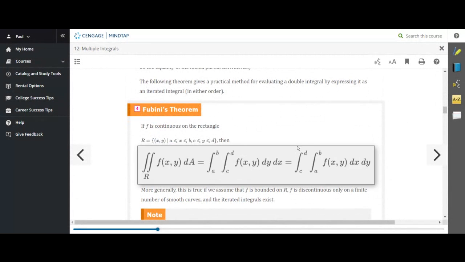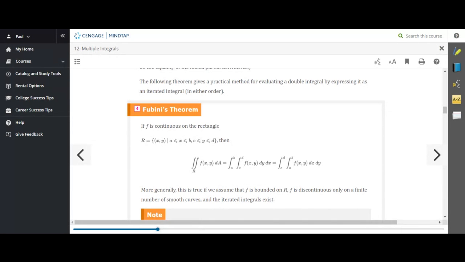There's a theorem called Fubini's theorem. This theorem says that if you have some rectangular region R, where x is between a and b, and y is between c and d, then the double integral can be computed equivalently by computing a double integral where you do dy dx or dx dy.